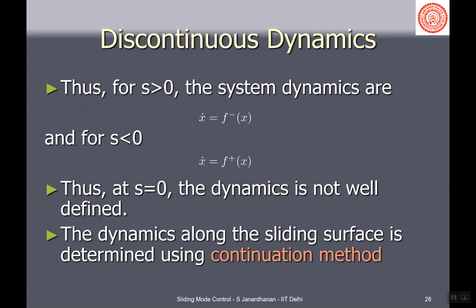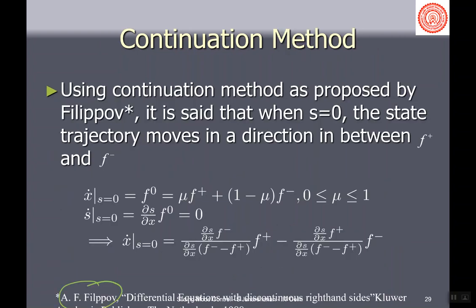If you go in a more general fashion, you have a system with two modes, one corresponding to S less than 0 and one corresponding to S greater than 0. Then we have not defined what the dynamics will be at S equal to 0, and this is achieved by something called the continuation method, proposed by the researcher Filippov.